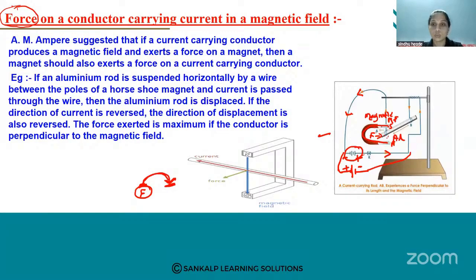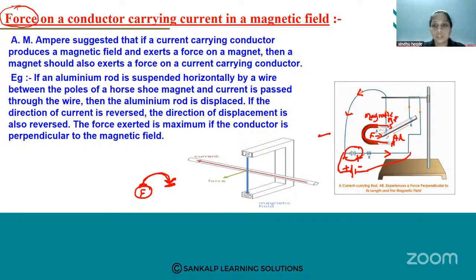So totally two magnets act here. They get some external exertion of force. Due to that force, this foil shows some deflection. That is the concept. I hope you all are clear about this concept.